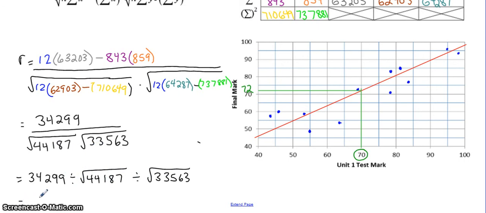And when you make that calculation, you get 0.8906. Your R values should be rounded to 4 decimal places. So we've got a fairly strong correlation between your first unit mark and your final grade, but it's not perfect, so there's room for improvement.